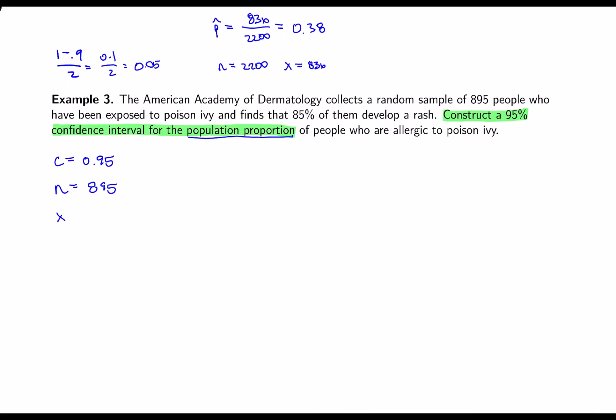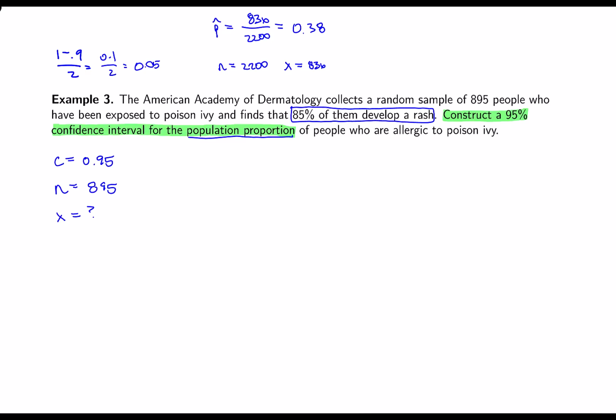Generally, you would need x. x is not provided in this problem because it says here 85% develop a rash. So if we're saying that a success is that somebody gets the rash, which, if you had poison ivy before, that's not a success. But remember, there's no positive or negative connotation to success and failure here. It's just that it is the thing that we wanted to observe, or it's not the thing that we wanted to observe.